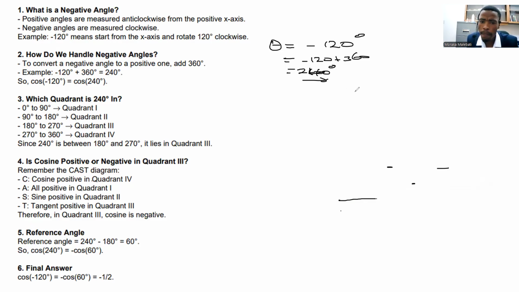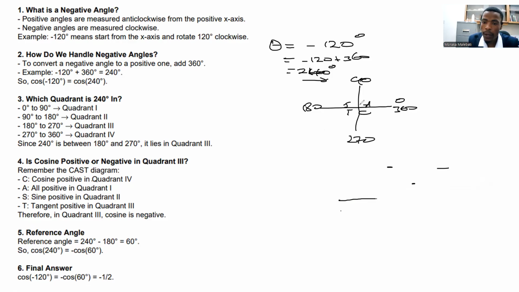So you start to say, following my 180, 270, 360 is 0, 90, like that. So where's 240? Obviously in the third quadrant, all right? So I know this is my CAST.